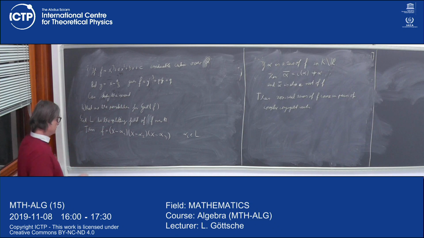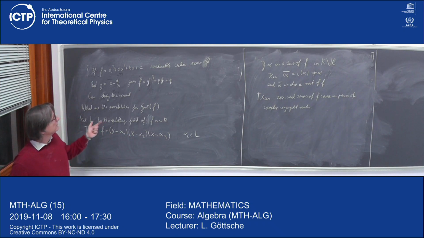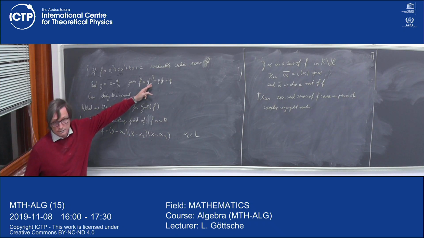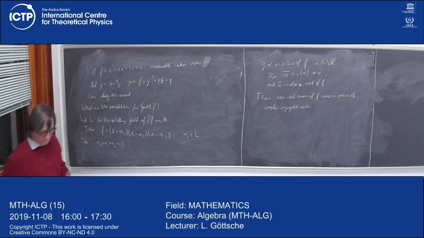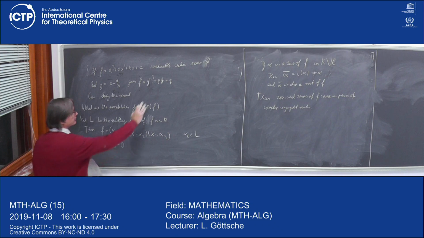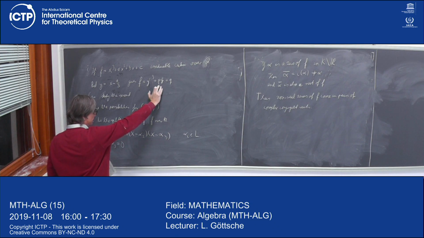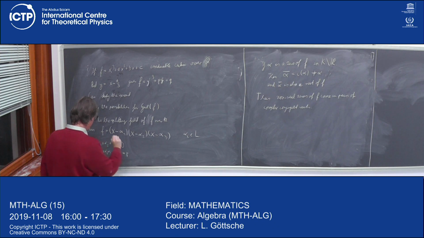So this in particular means that the sum of the roots is, up to sign, the coefficient of x squared. So alpha 1 plus alpha 2 plus alpha 3 is equal to 0. Then the quadratic term is the sum of the pairwise products: alpha 1 alpha 2 plus alpha 1 alpha 3 plus alpha 2 alpha 3 is equal to p.